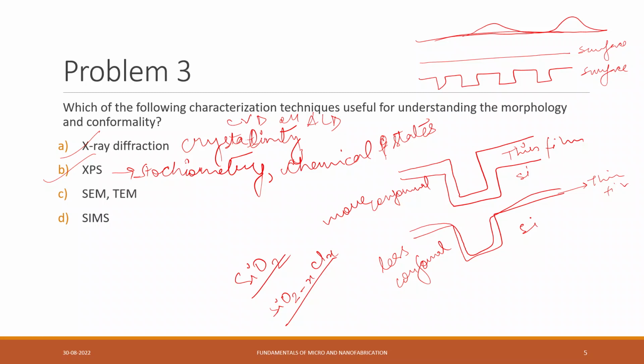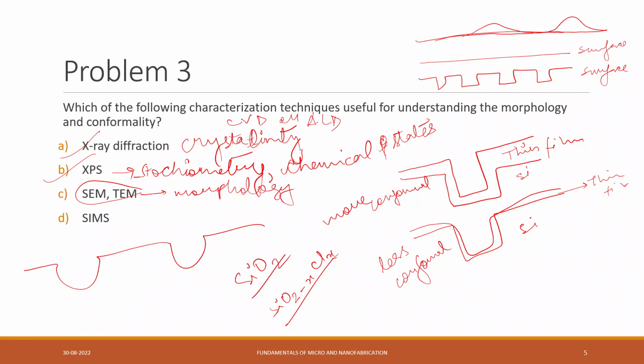That's where we get morphology or conformality. By looking at the surface, we see surface defects, like some cave-like features on the surface. So microscopy is the important technique, and these are used for morphology.